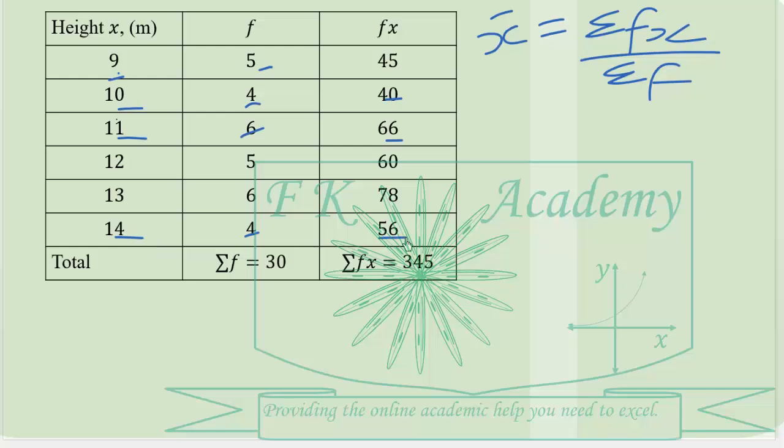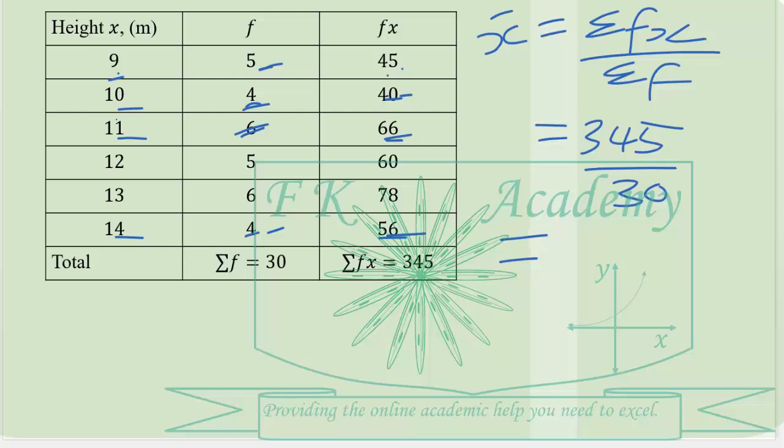Then the summation fx means sum all these, 45 plus 40 plus 66 up to 56. That will give us 345. Then we sum the f. 5 plus 4 plus 6 up to plus 4. And that will give us 30.